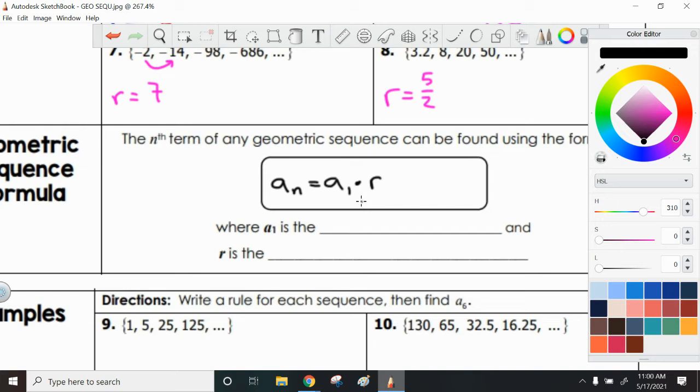Now, how do you do a repeated multiplication? You do it with exponents. So it should look like the first number times the ratio to the power of n minus 1. And that will make that ratio happen over and over and over again. We know that a1 is the first term. We know that r is the ratio.